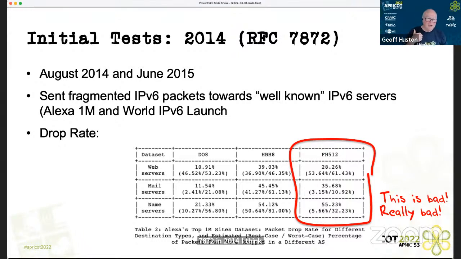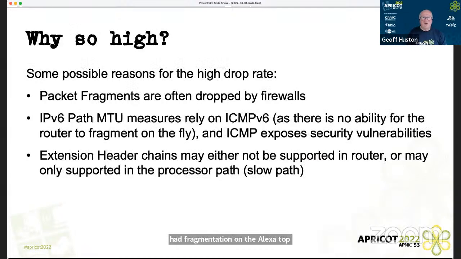Those packets had a destination option with padding, and a hop-by-hop option with padding, and it fragmented the packet down to 512 octets. Those percentages are the percentages of packets that got dropped. What it said was, for web servers, one third of the packets that had fragmentation on the Alexa Top Million never received the packet. That's bad. One third is terrible. So the initial tests were disturbing.